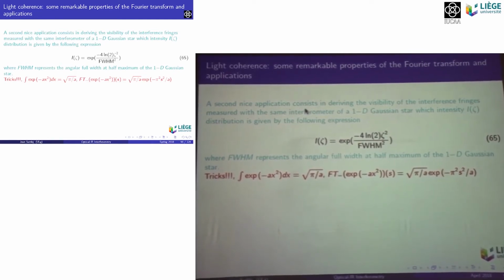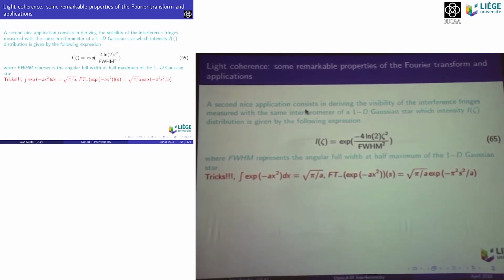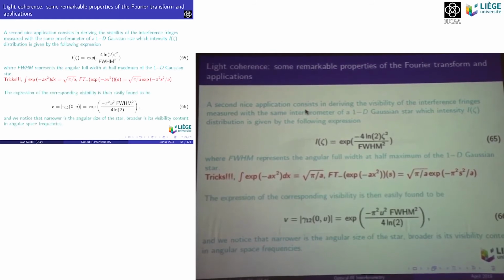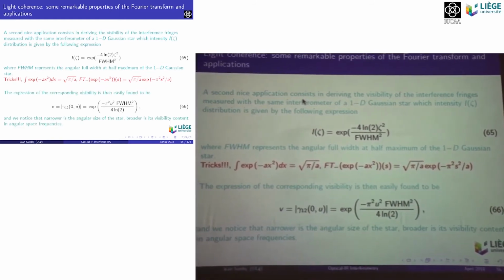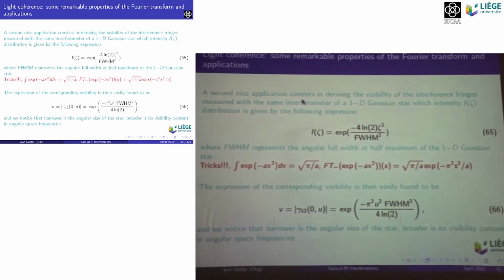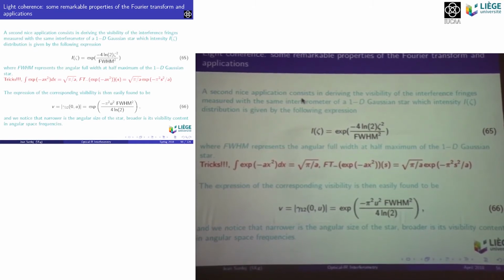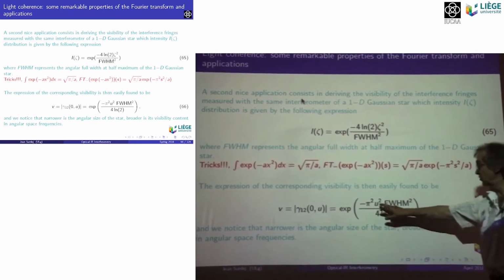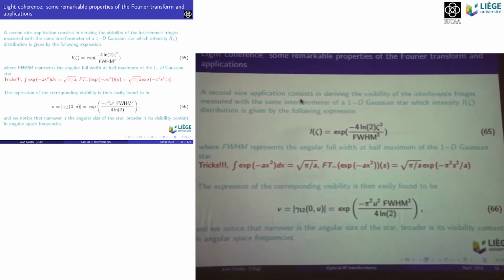And now what you should also be able to establish, it's not difficult, is that the Fourier transform of a Gaussian is still a Gaussian. It's another Gaussian. The solution I give to you, but you may try it at home. You would find that the visibility is given by the following expression. And this is important to realize: all the visibilities should be such that for the value of the frequency u equal to 0, the visibility should be equal to 1.